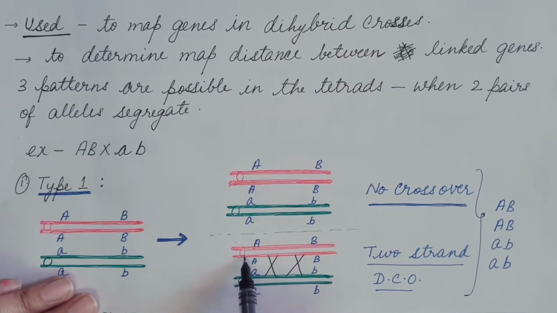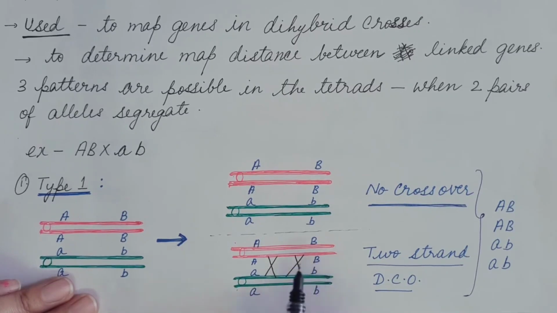So we get capital A, capital B. And here also small a, this cross goes like this, and then small b. These will be the same, capital AB, small ab.